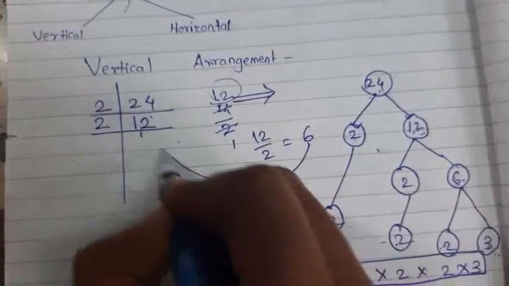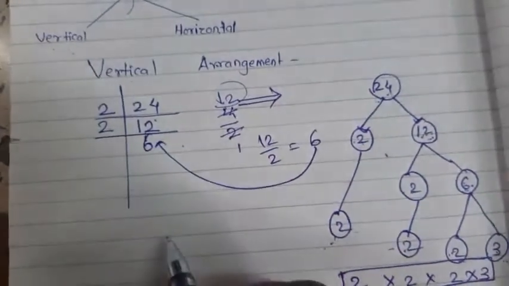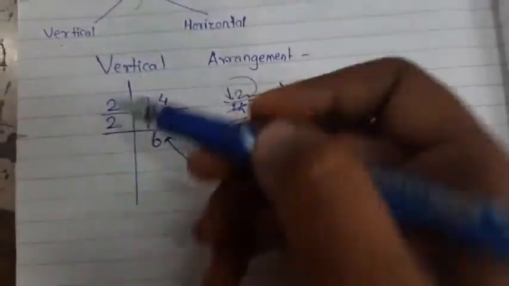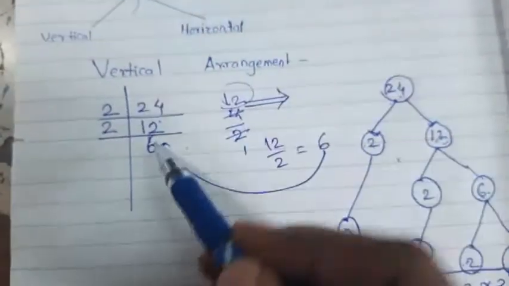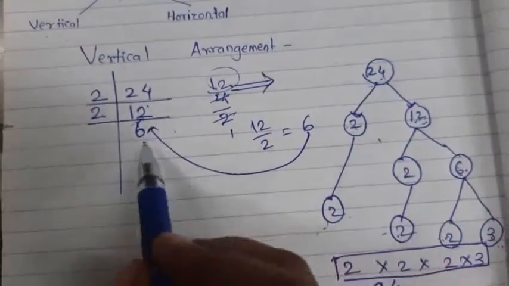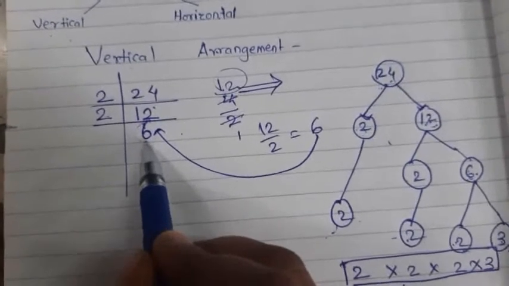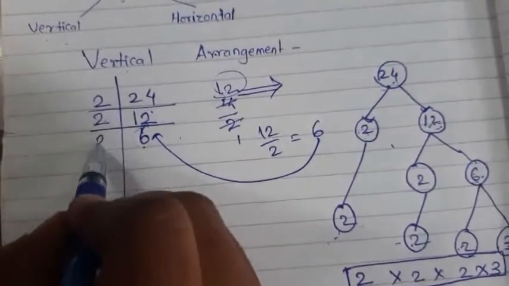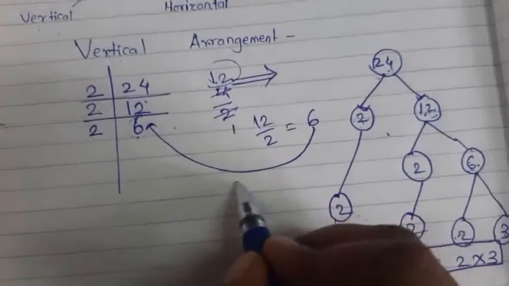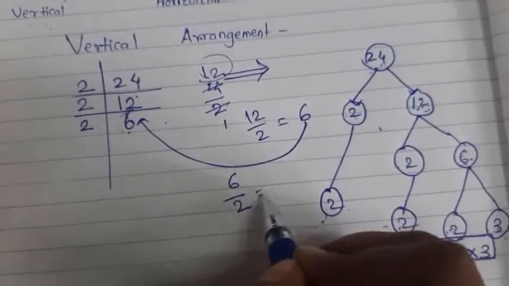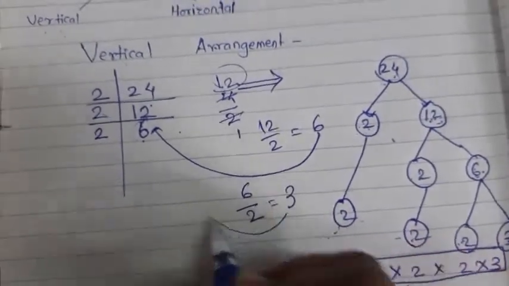So this quotient will come here. Now don't think about the upper steps. Now we will focus on 6. Again 6 is divisible by 2, so 2 will come here. 6 divided by 2 is 3, so this will come here.